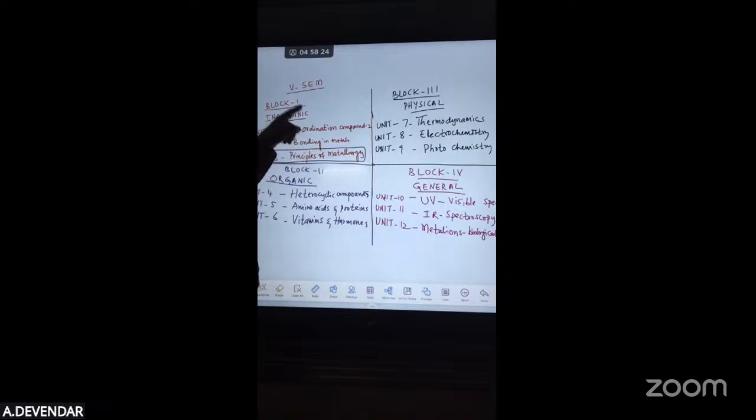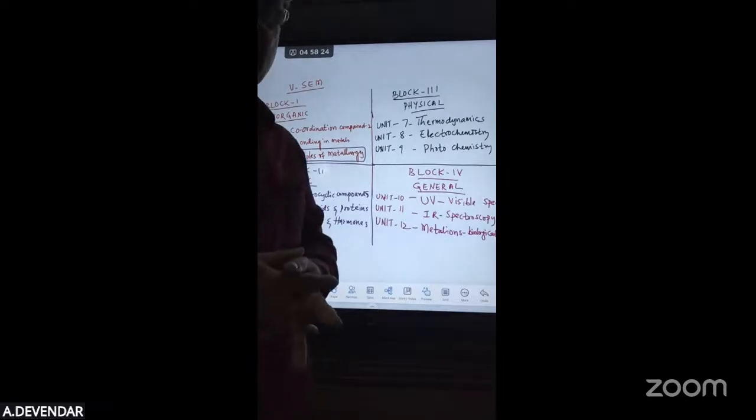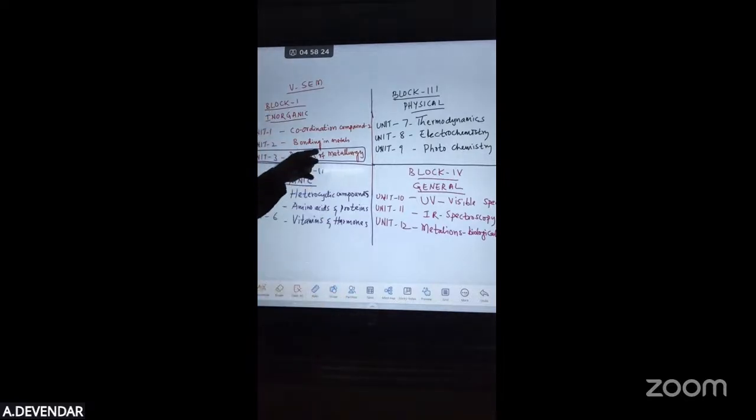Not only the 15 marks, sometimes chances in section C. Here also the extraction of pure metals, that is nickel by means of the Mond's process, that will be there. Means from this chapter there may be chances of getting 35 marks, only the third unit. Sometimes if you are fortunate, you may get up to 35 marks from this chapter only.